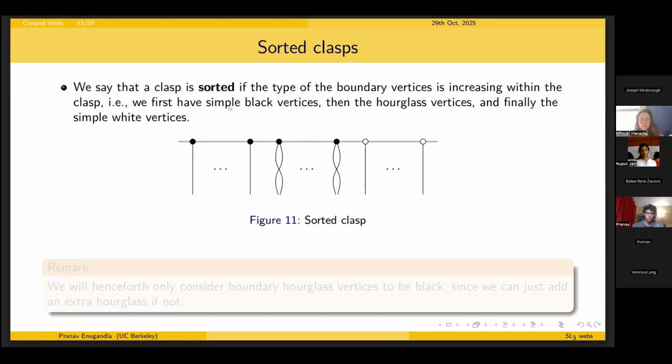If I sort all my clasps, in the sense that within each clasp, the boundary vertices look like the following: I only have these omega 1 vertices, followed by omega 2 vertices, followed by omega 3 vertices, right? So if these aren't all shuffled around, but they just come in the flavor of omega 1s, then omega 2s, then omega 3s, I call these sorted clasps.